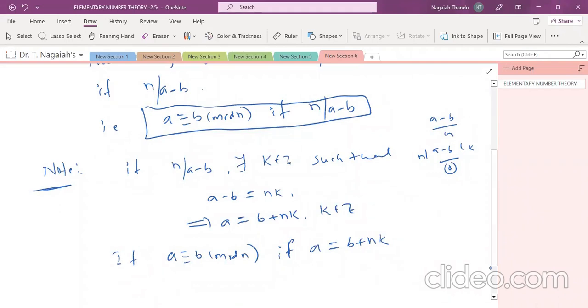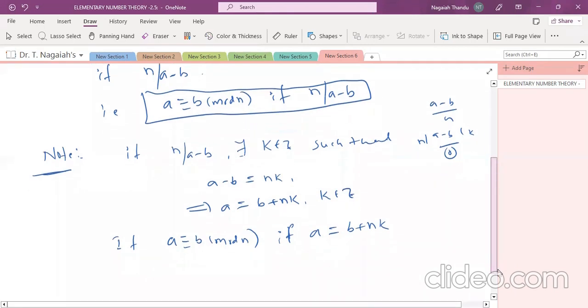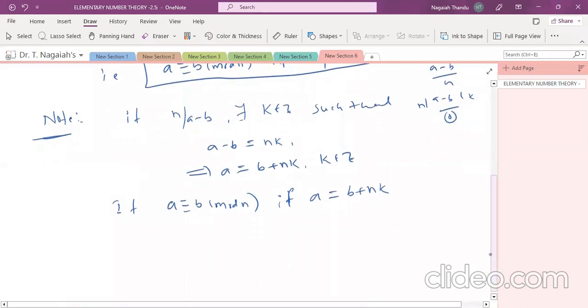Therefore we can write A is equal to B plus nk. If A is equal to B plus nk, then A is congruent to B modulo n. This is the relation. One more thing you observe here: whenever this condition is satisfied, we can write this as A is equal to nk plus B.